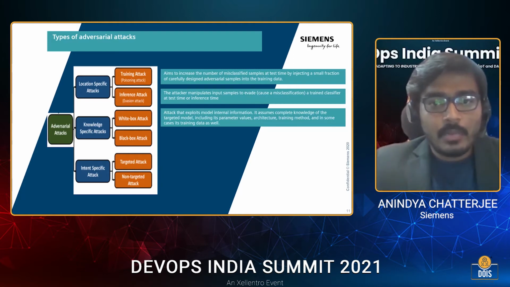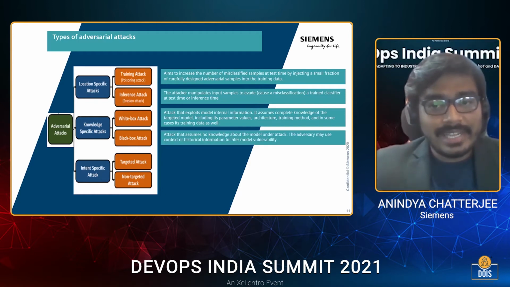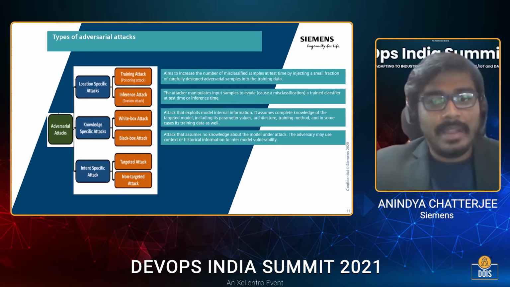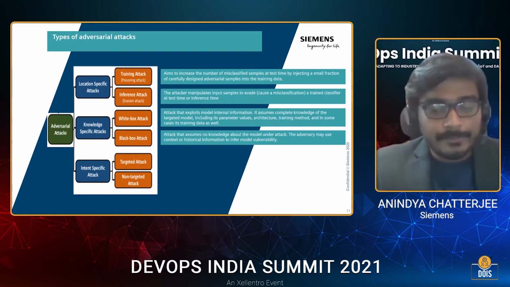But a white box attack has complete knowledge of the targeted model, including its hyperparameters, the training methods, the parameter values, as well as the training data, and exploits all this information to attack. That is what we call a white box attack. A black box attack has no information about the model it's attacking, but it may use contextual or historical information to infer model vulnerability and attack, and that is a black box attack.